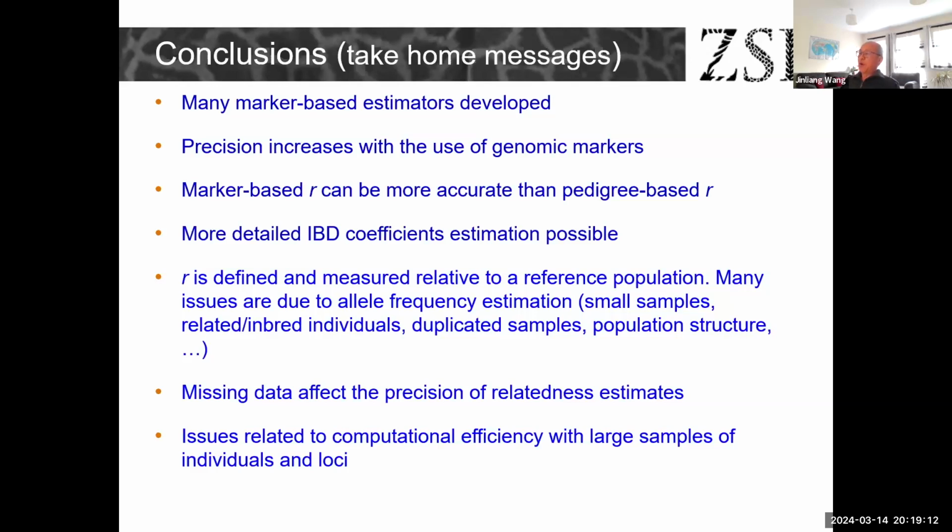But we have to bear in mind that computation could be a problem when you have very large samples, because we are talking about computational efficiency of pairs of individuals, not a single individual. So it increases with the square of n, not just n.